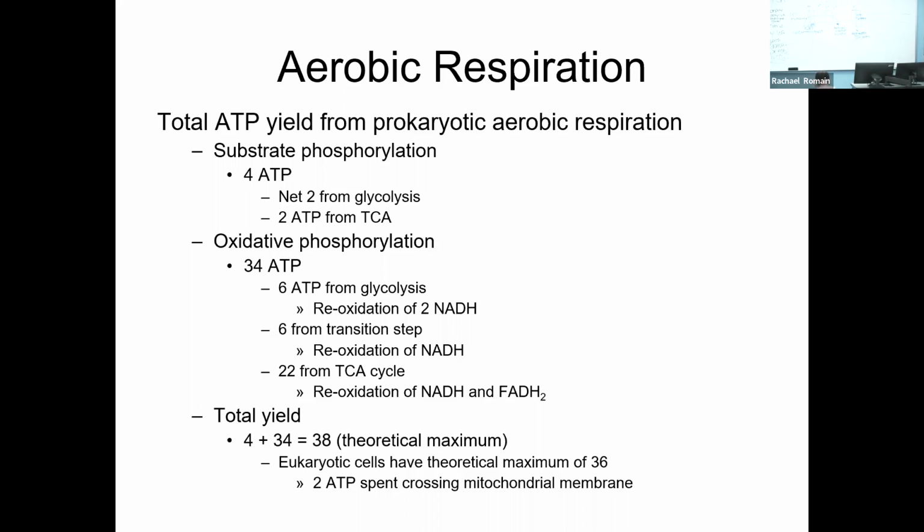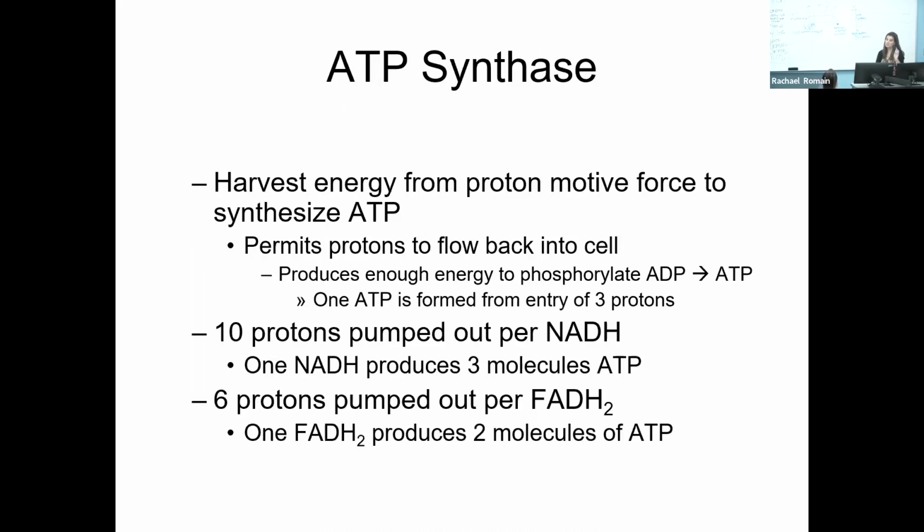Yeah. So for every one NADH, how much ATP? For every one NADH, we've got 3 ATP coming back this way. Is it the same for FADH2, double, one of the 6? Well, 6 protons pumped out per FADH2 equates to 2 molecules of ATP.